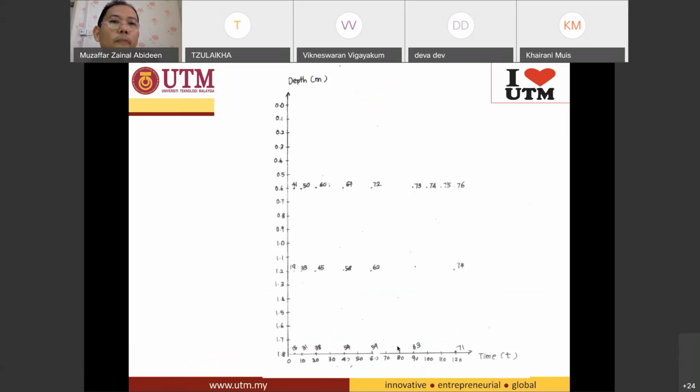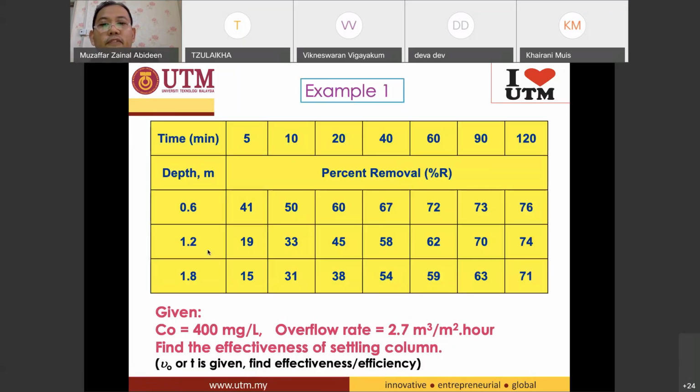Right. So from that data, we plot graphs. We already plot all these points and the y-axis and x-axis. And remember, we were given the V naught, which is 2.7 meter cube per meter square per hour.